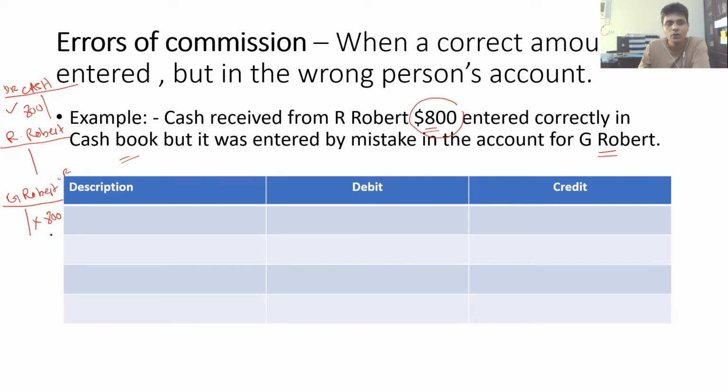Okay. So therefore, to rectify this, what you should do? You debit his account 800 and you credit R. Roberts account.